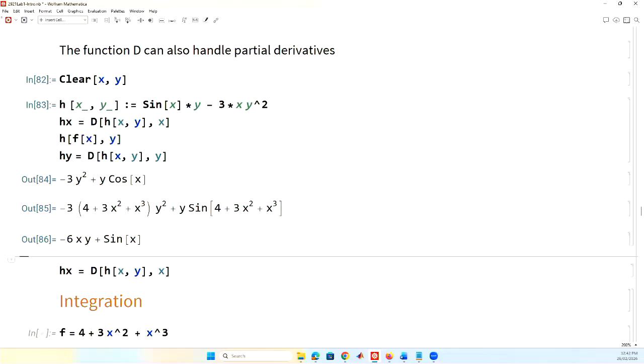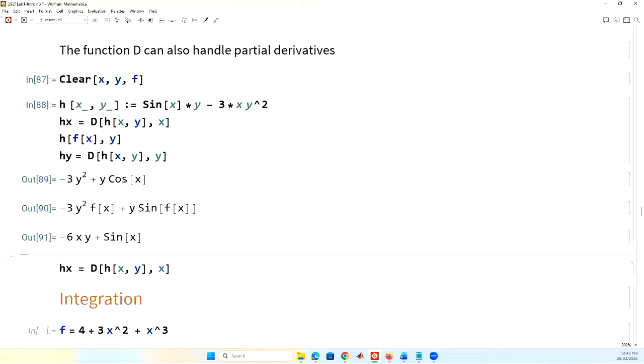Derivative of f of x. So I've also clearly set f to be something somewhere. There we go. The derivative of a general function f of x with respect to y. Okay, so it's taking the derivative of... Oh, no, it's just evaluating h of f of x. Sorry, I confused myself with all of my extra variables. I just should stick to the path.